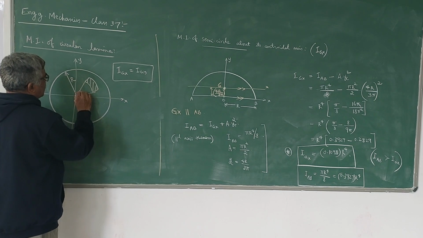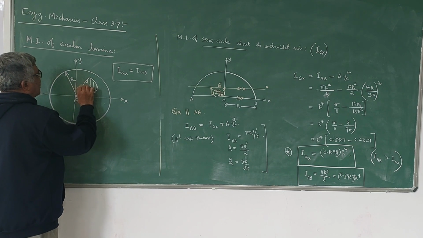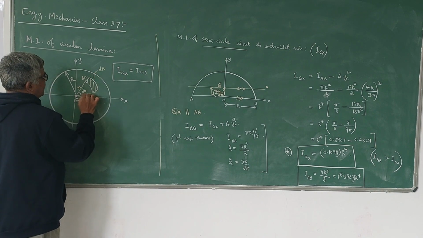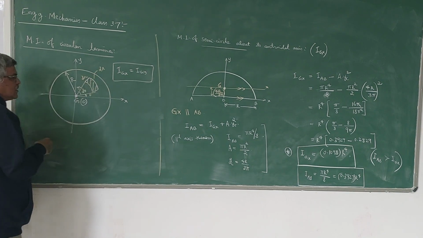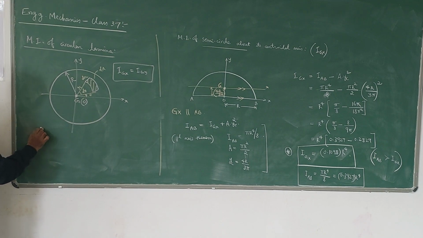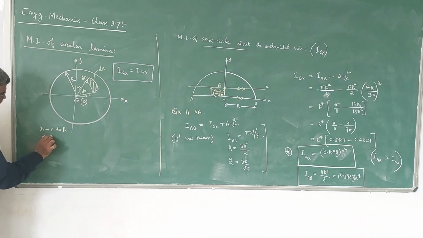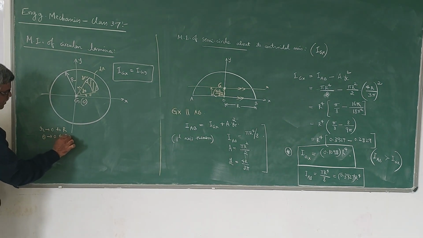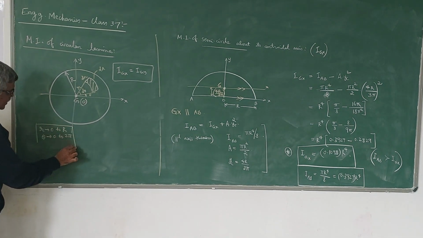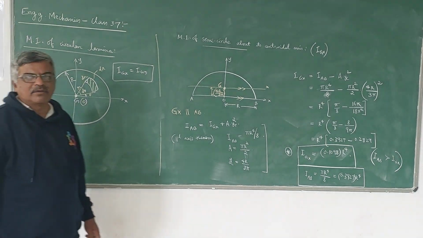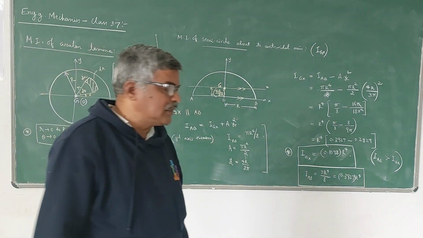So the diagram for this derivation will be something like this. This is d theta, this is r, this is dr, this is your dA, this is theta. The only difference is r varies from 0 to capital R, whereas theta varies from 0 to 2 pi. Please note that this is very important. Other things are the same. You have to start from first principles: integral y square dA.